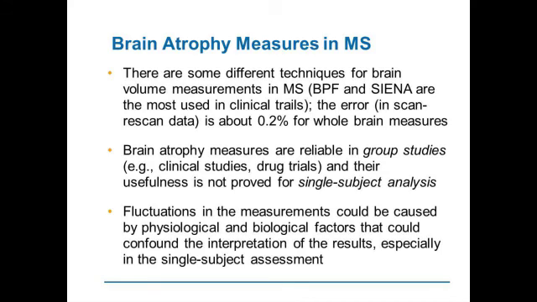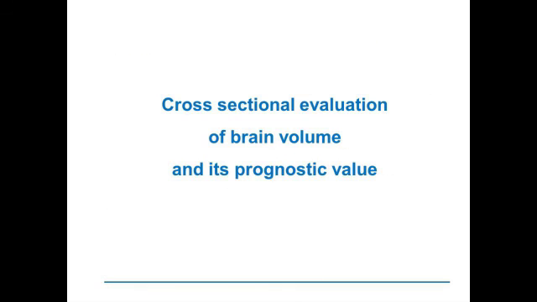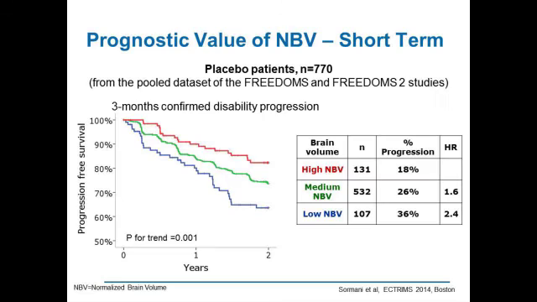This is because we have fluctuations in the measurement caused by physiological and biological factors, and this fluctuation can confound the meaning and interpretation of the results, especially when we assess single patients. So let's start with the first section of this presentation, based on cross-sectional evaluation of the volume of the brain, to see whether this volume has some prognostic value in MS.